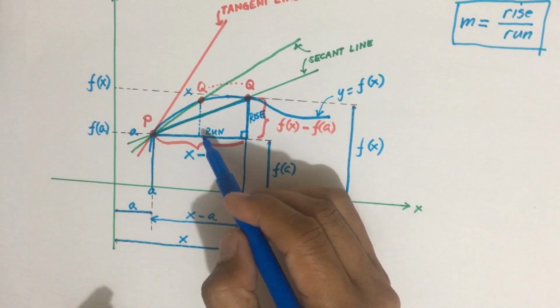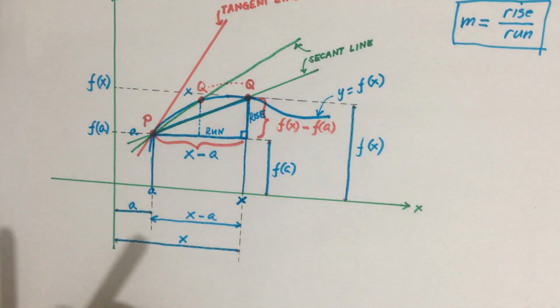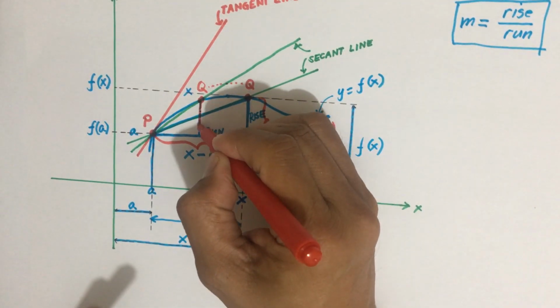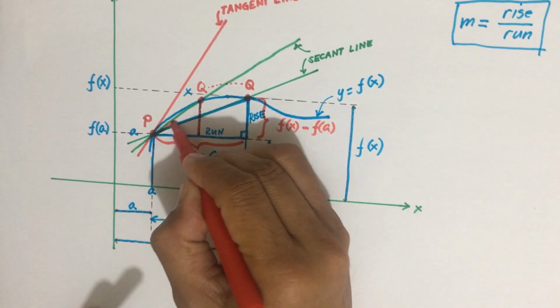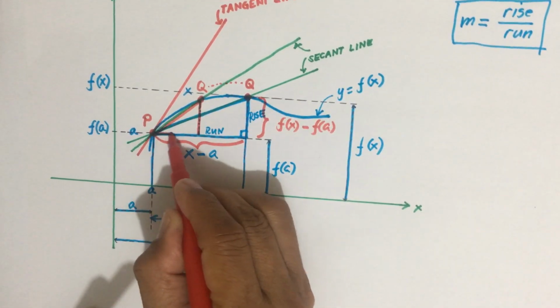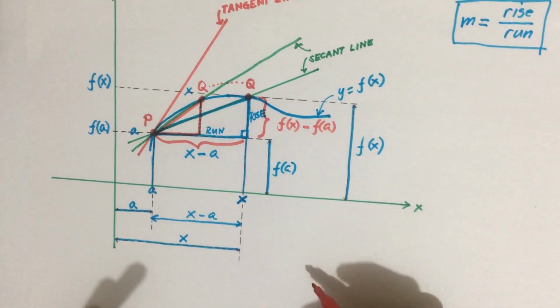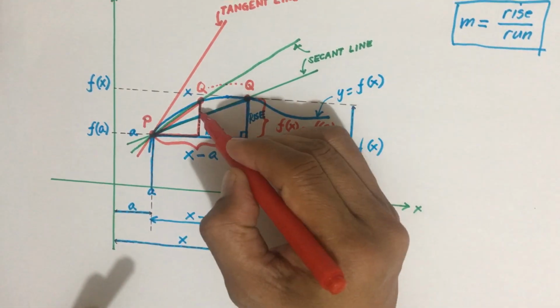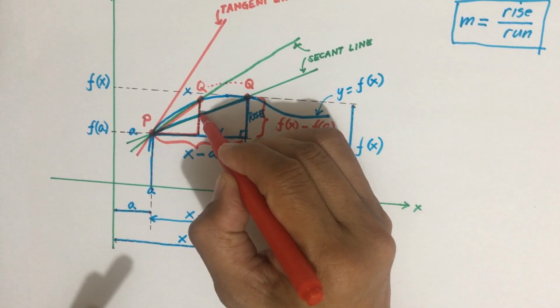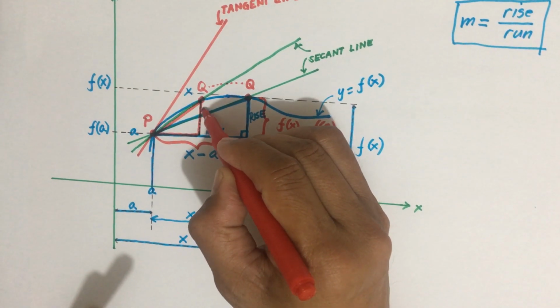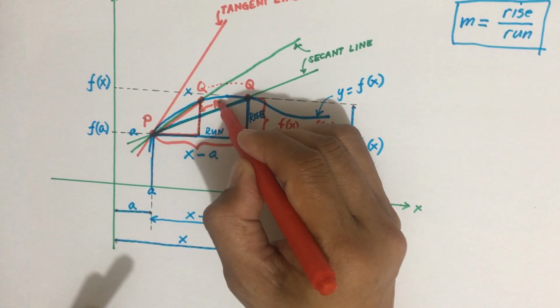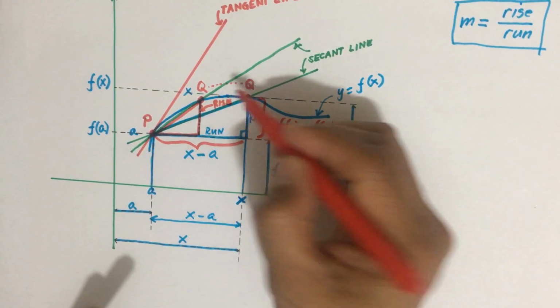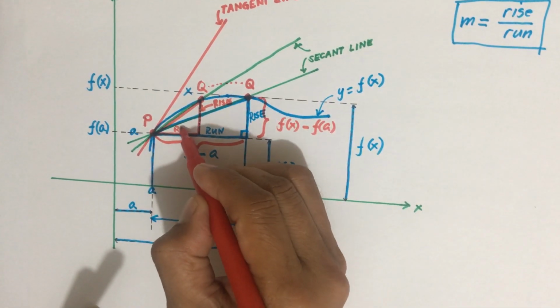We have now formed a new triangle here. So in this case, this is our new rise, and this is our new run.